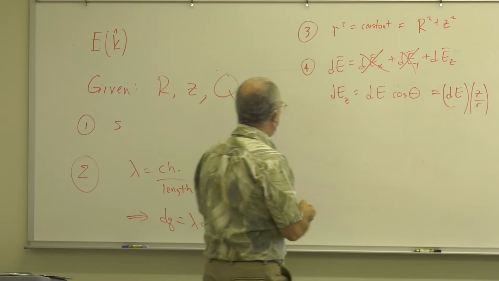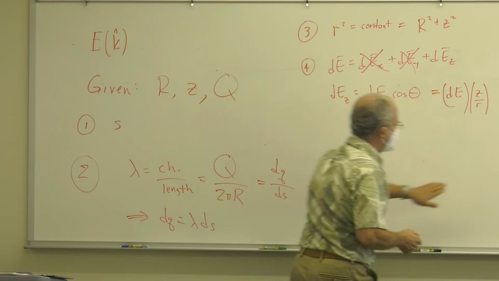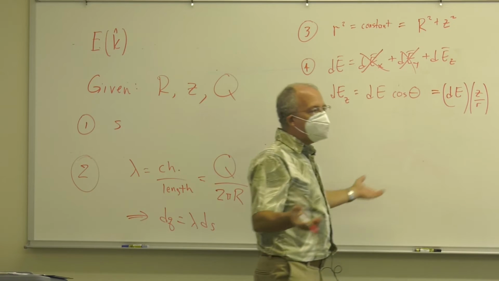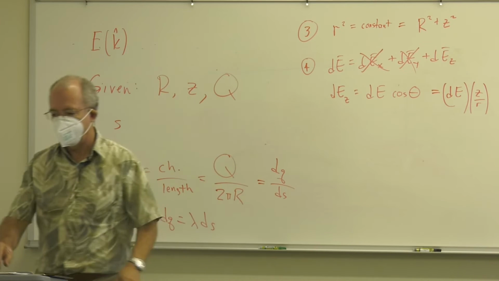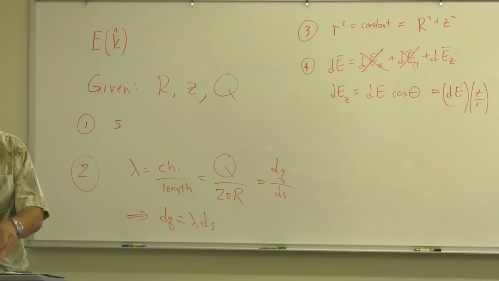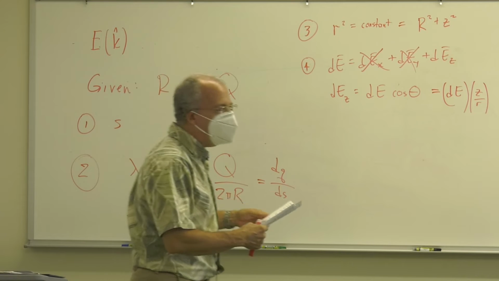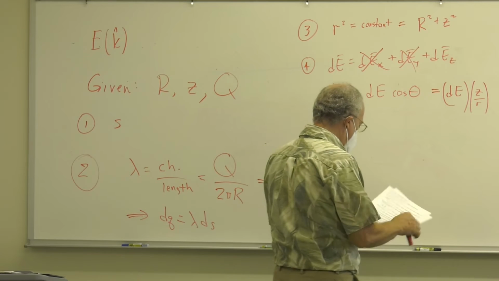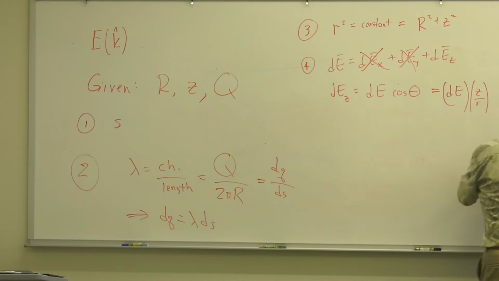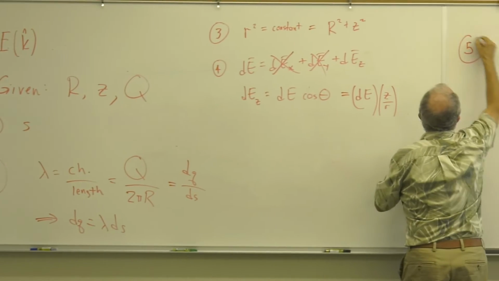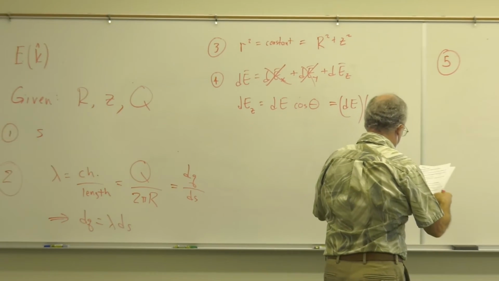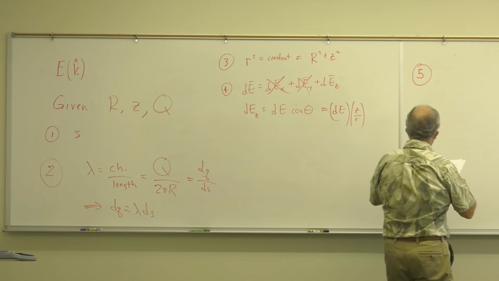Okay, so what's our fifth step? Is there anything else that we have to substitute for? So what do we do now? Just put it all together, right? I might be having my numbers wrong, but that's okay.